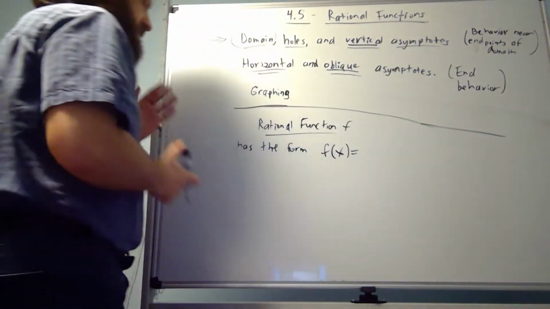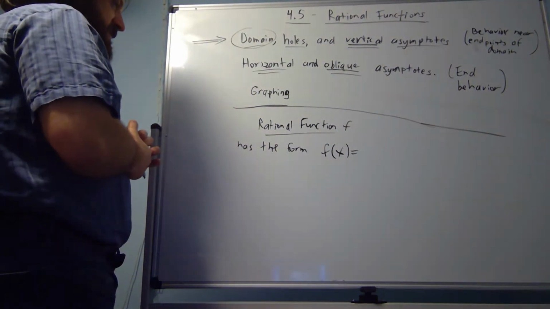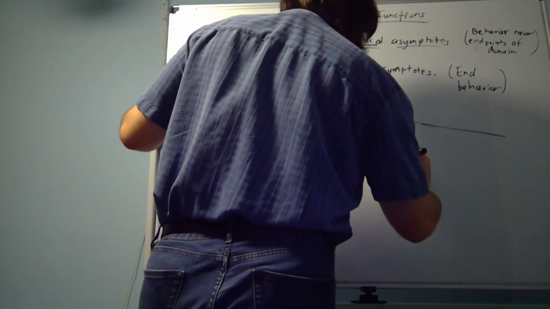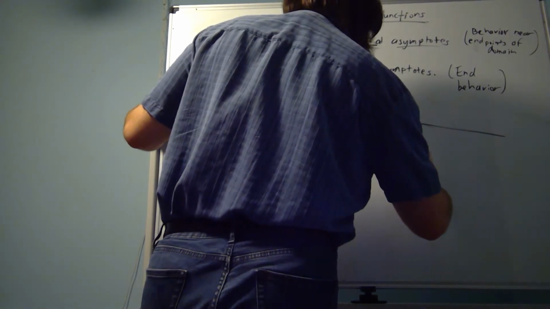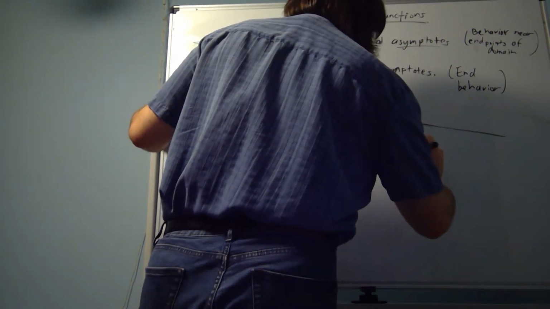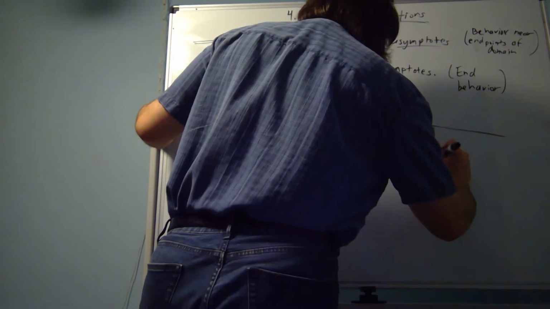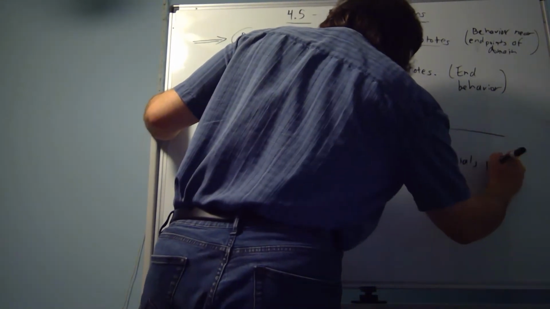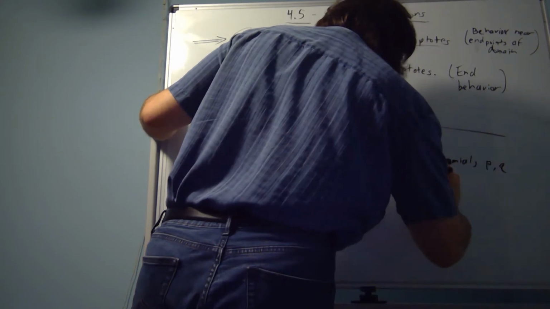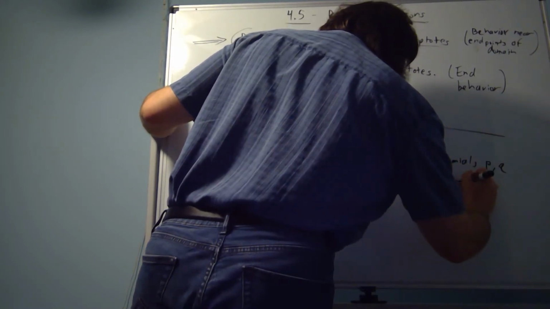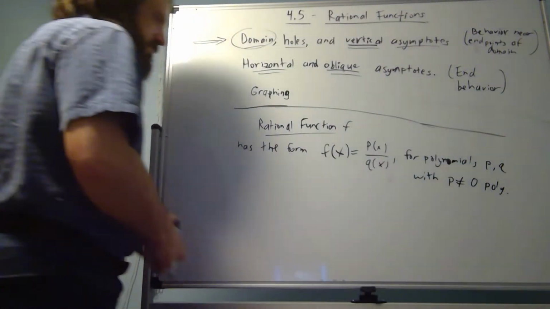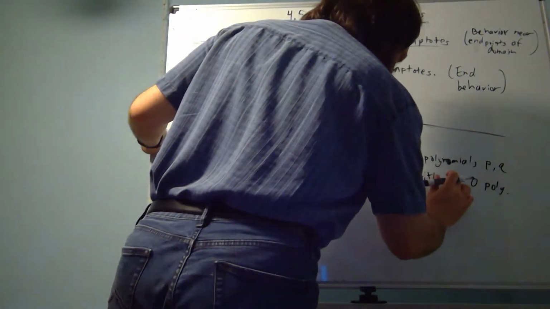So a rational function f is a function which has the particular form p of x divided by q of x, or sorry, I'm going to say q.